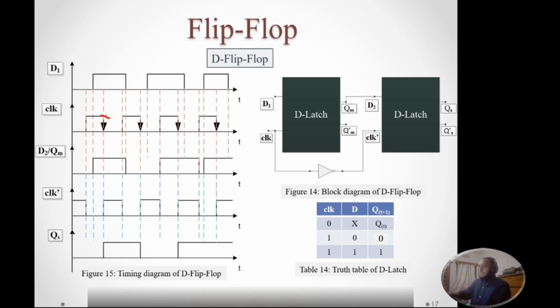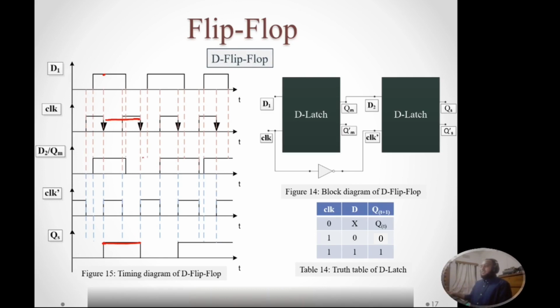Whenever there is a negative edge in the clock signal, we will find the output similar as D, so like this. But whenever there is no negative edge, the previous output will continue like this. Here we have got negative edge, so our output becomes 1, and after this point to this point we don't have any negative edge, and our previous output is continuing.